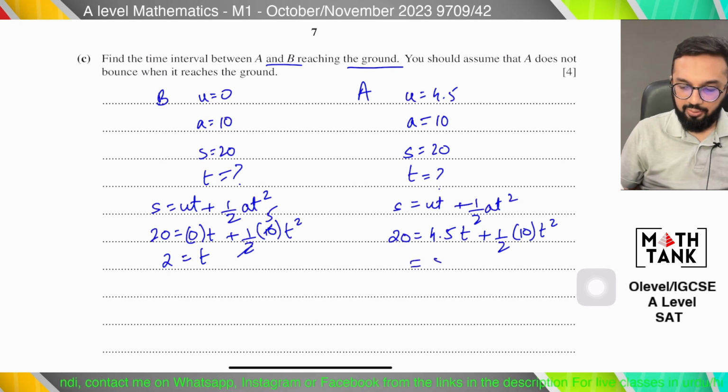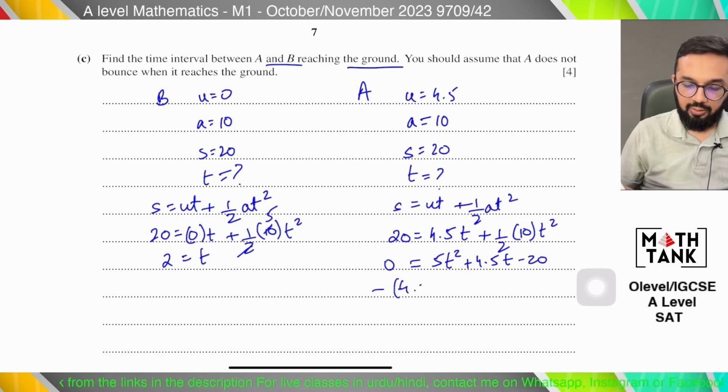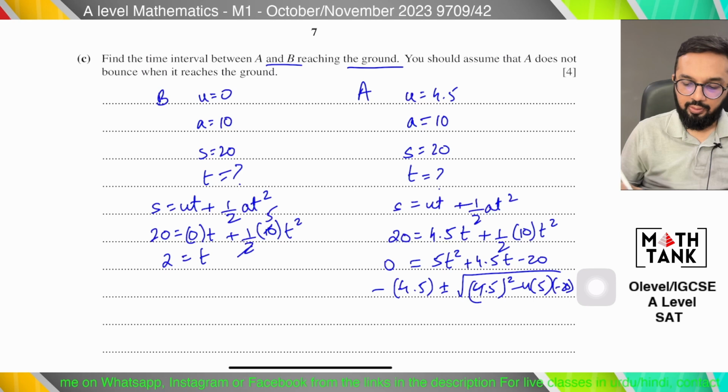So that's a quadratic equation that I need to solve. I'm going to write minus b plus or minus root of b squared minus 4ac over 2a.